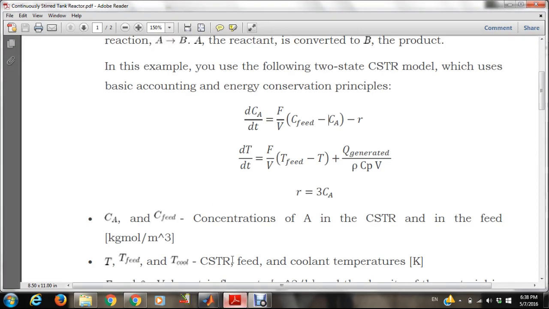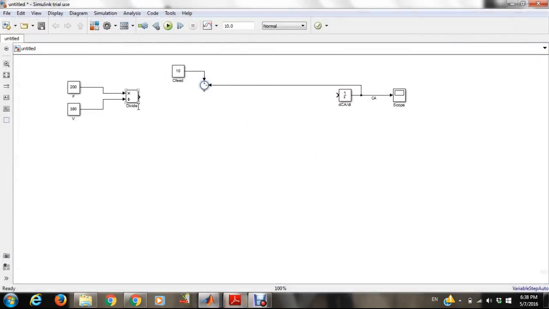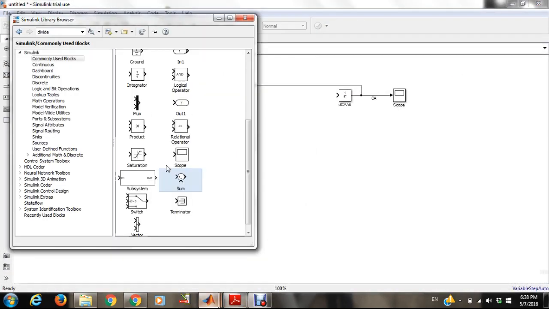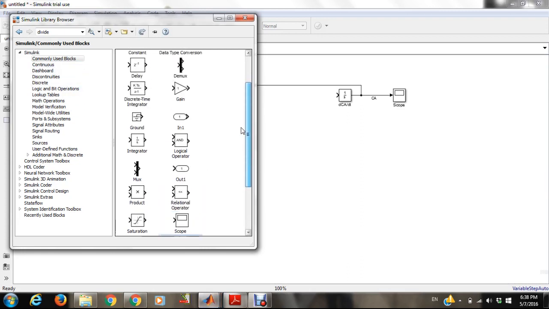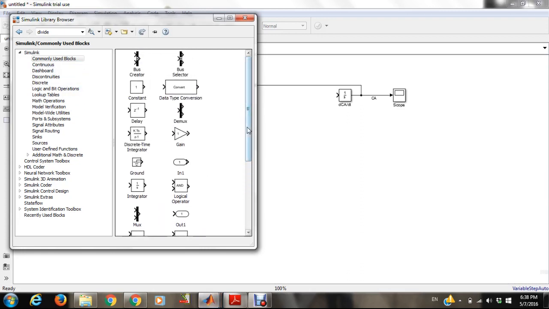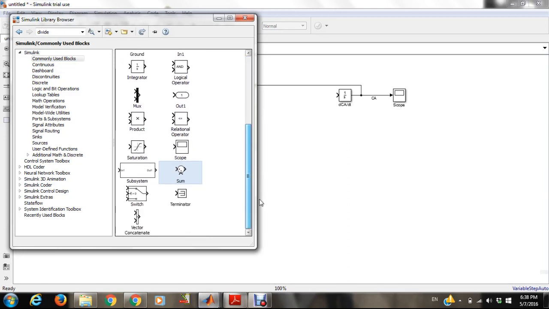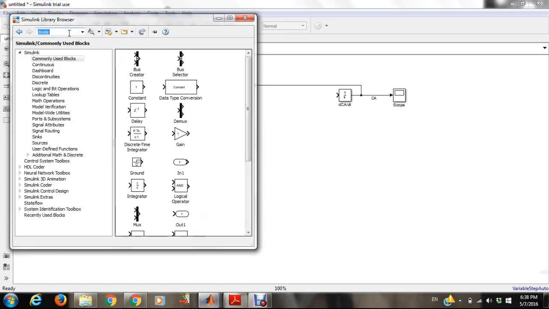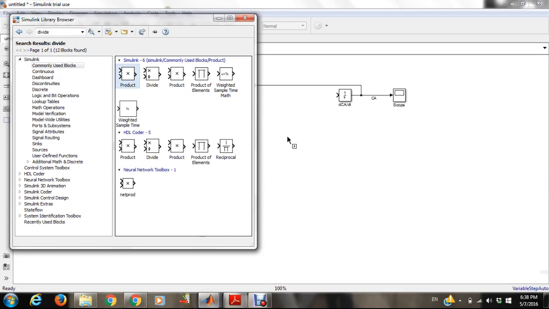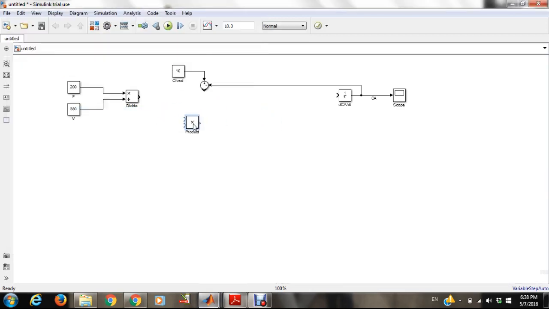And this one is going to be multiplied by F over V. So I'm just going to create another multiplication block. It's called a product block. We're going to look for it over here. So this goes to the first one.